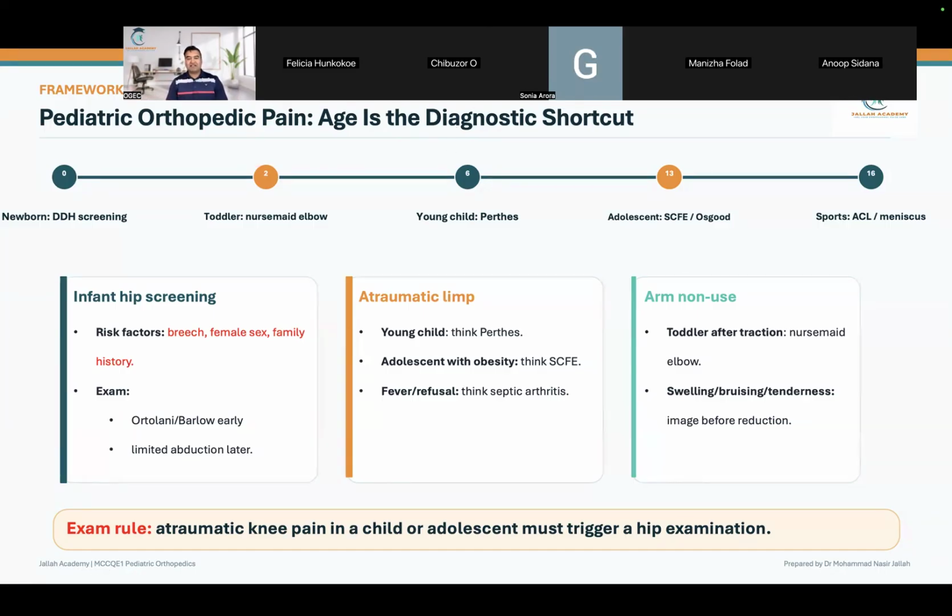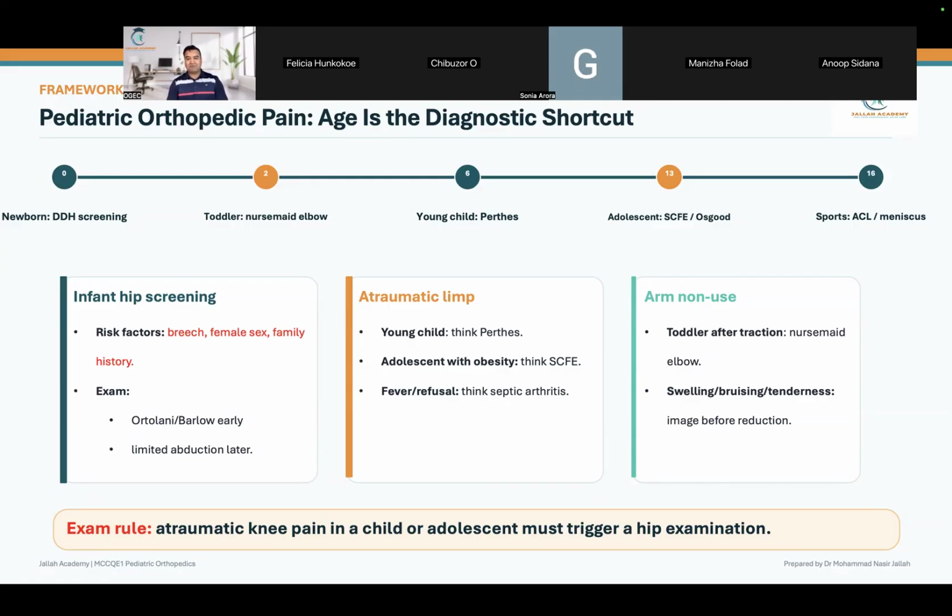And for young child Perthes, it is between 4 to 8, but usually they put 6. It doesn't mean they will not put, for example, 7, but they love to put 6. Again, in 80% of the cases for this condition, 6 years old has been used.